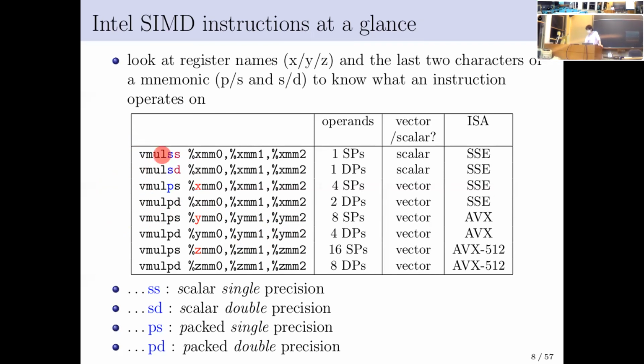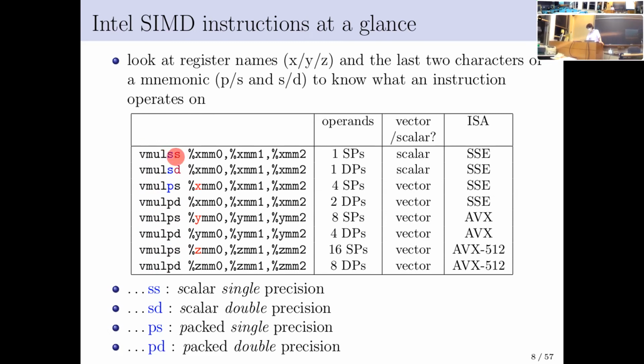Okay, so all the instructions I just wrote here are multiplying instructions. But there are so many varieties. When you look at these instruction names, the last two characters are very important, like I said last week.